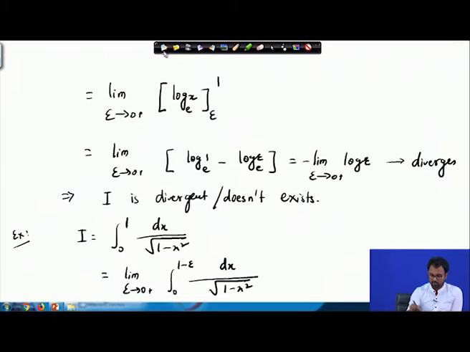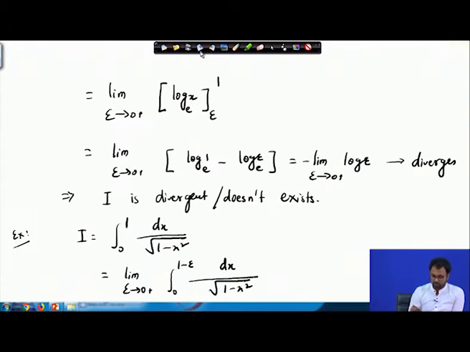Now, we can write this as limit epsilon goes to 0 positive. Here we can put a small comment: note that 1 is the only point of discontinuity.